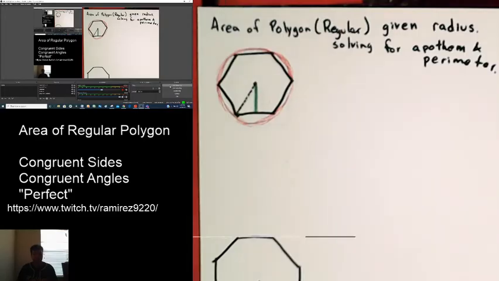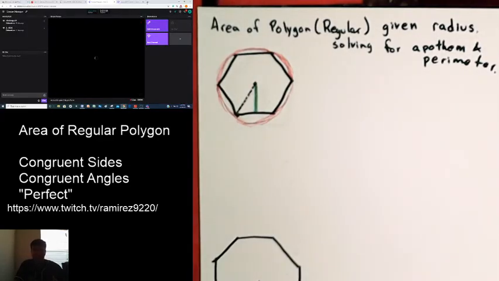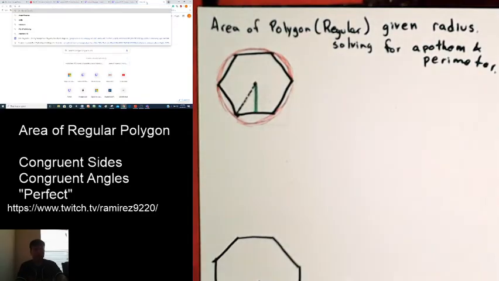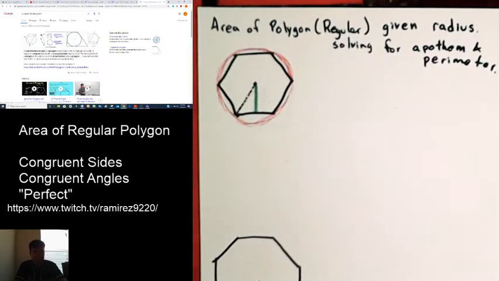Circumscribed, inscribed. Which one is it? Let me actually look that up really quick. What is this called, actually? If I look this up really quick, circumscribed polygons, and that's going to tell me if this is what I'm talking about, versus inscribed.